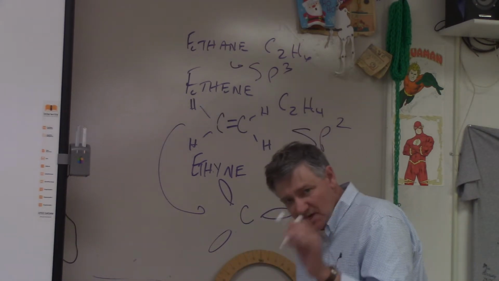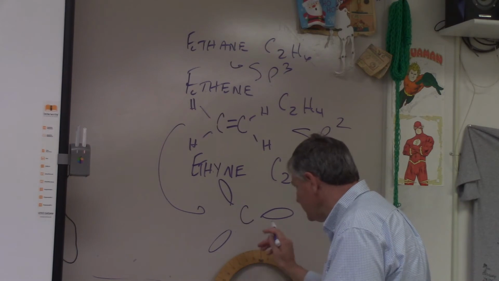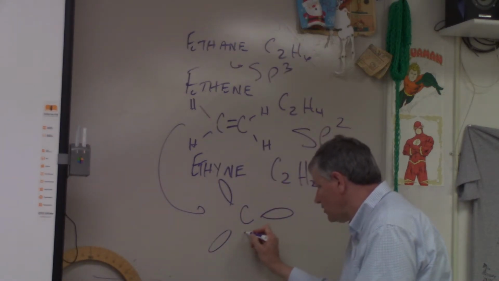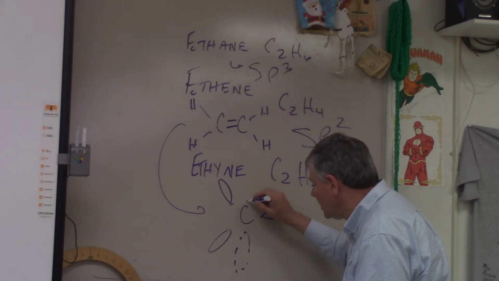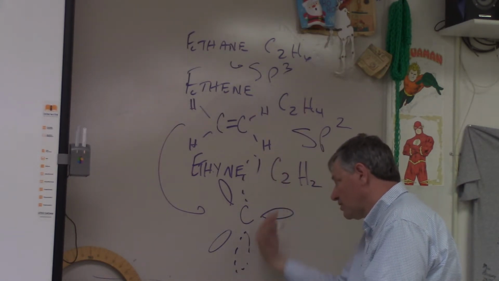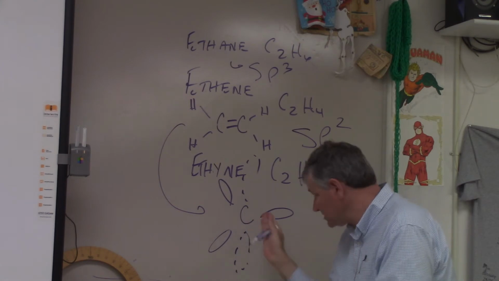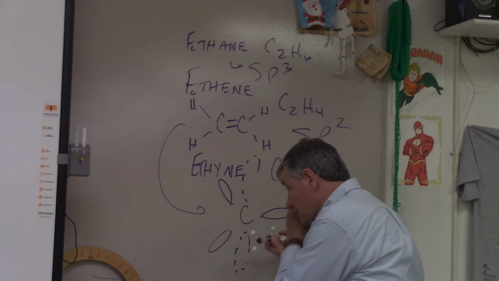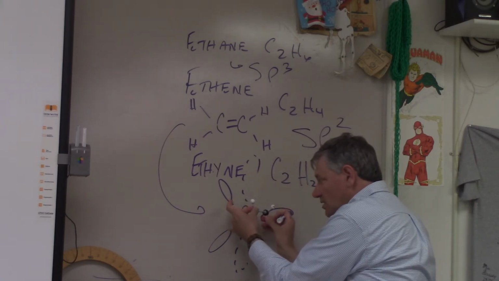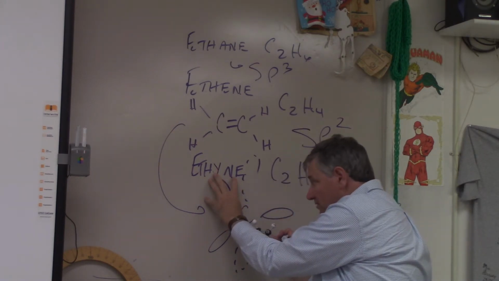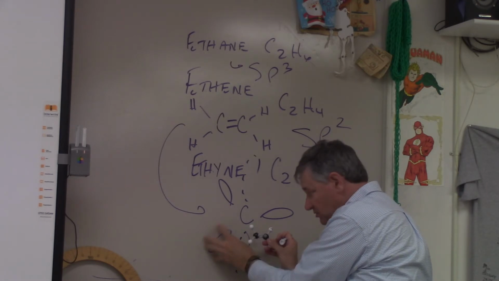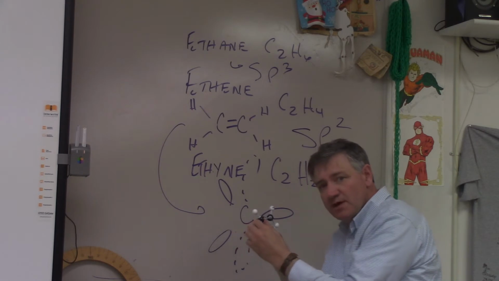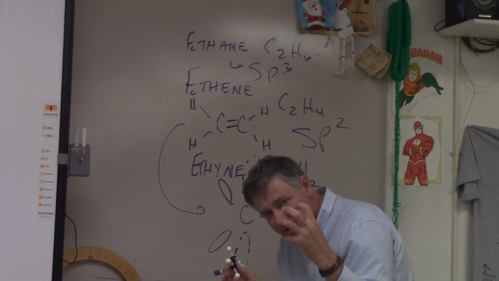This is what's tough to draw, but imagine if you will that I've got a non-hybridized p orbital that's coming out like this. So I've got this carbon, here's one hybridized orbital, here's the second, here's the third, and now sticking out from there, I've got a non-hybridized p orbital.